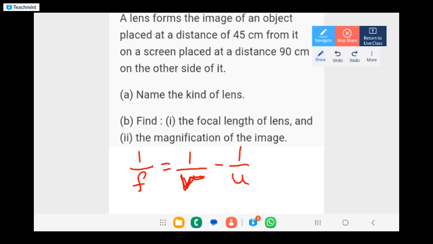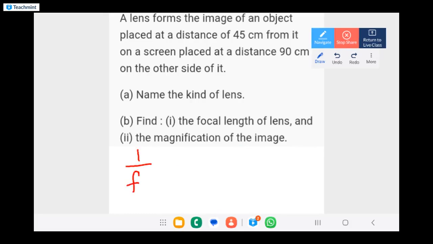So we just put this up because we need to find the value of f. So it's 1 by f, and here the value of v is positive 90, minus, and be careful, the value of u is also negative. So put that negative sign with 45. Now these two signs, negative and negative, will become positive.